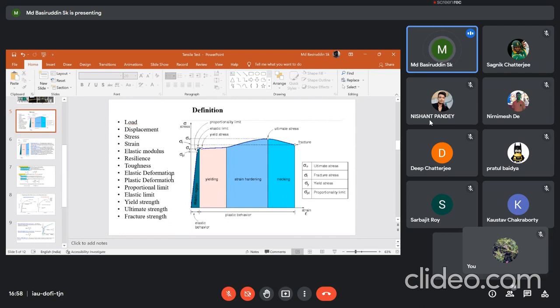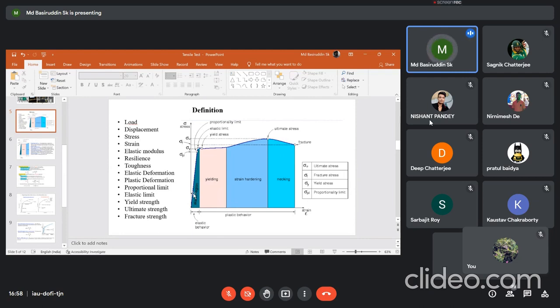This particular region is called the resilience property of a material. Resilience is the ability of a material to absorb energy when a metal deforms elastically, and if we unload, it will come back to its original position. So it is quite a reversible process.